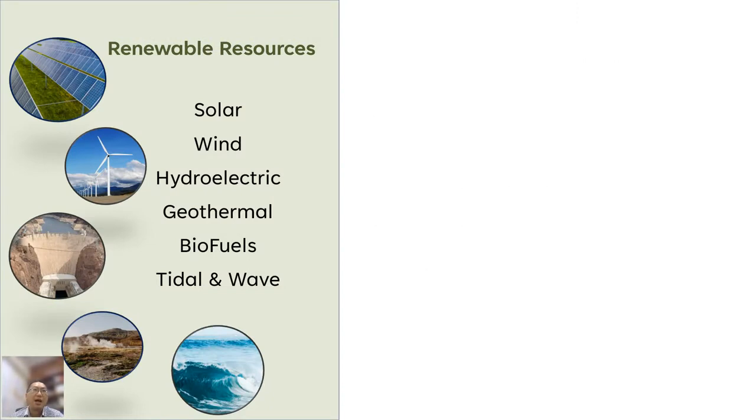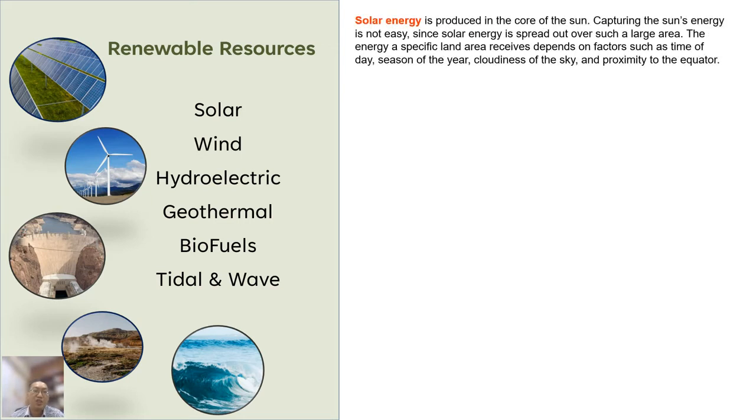How about the renewable energy sources? Renewable energy sources such as biomass, geothermal resources, sunlight, water, and wind are natural resources that can be converted into clean and usable energies. Solar energy is produced from the core of the sun.